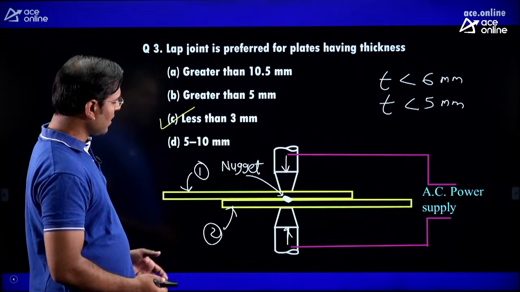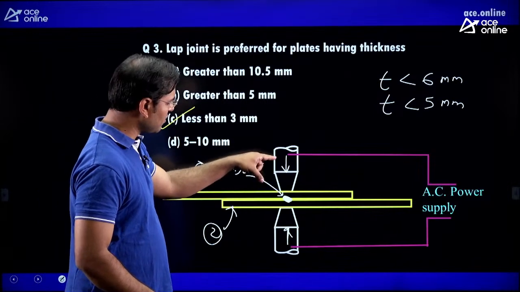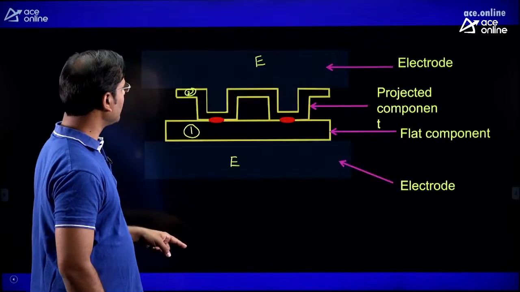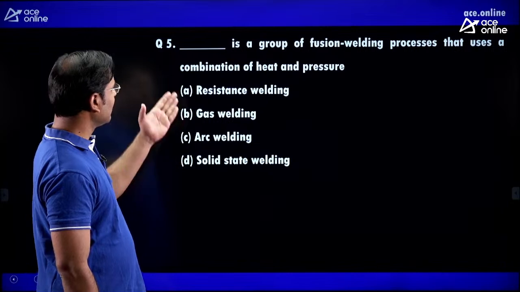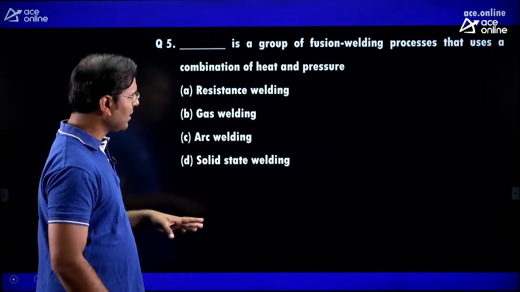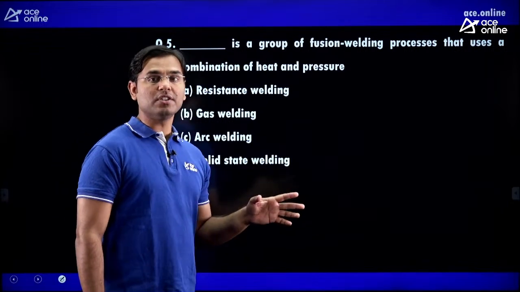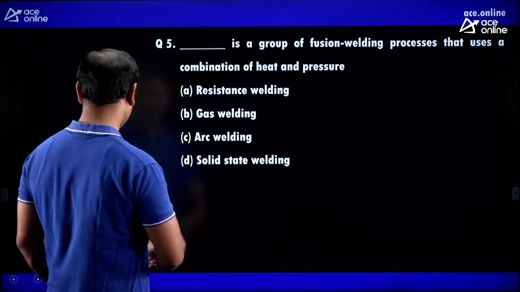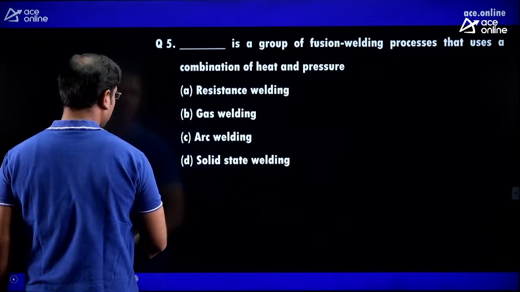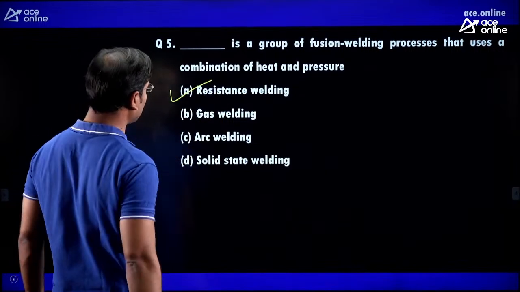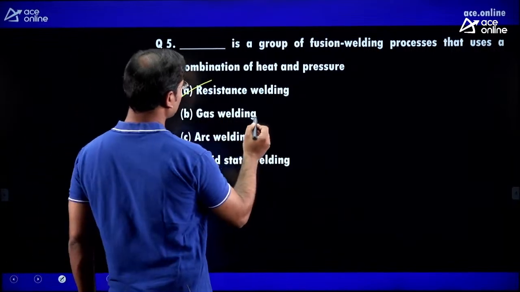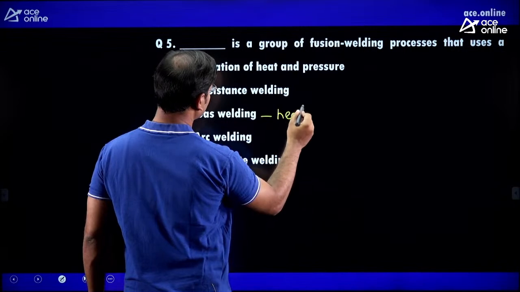Then you can see that with the application of pressure and heat, the joint is going to be produced here. The group of fusion welding process that uses the combination of heat and pressure is known as resistance welding. If we speak about gas welding, then only heat.